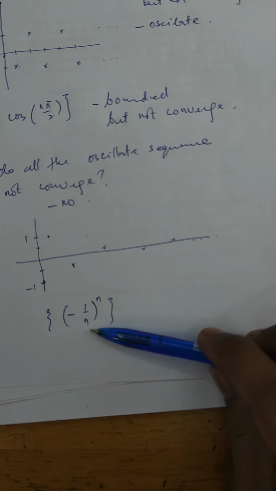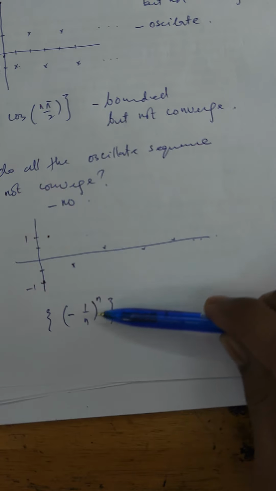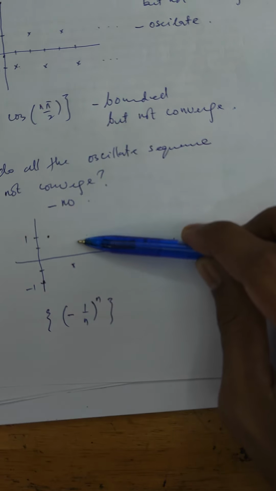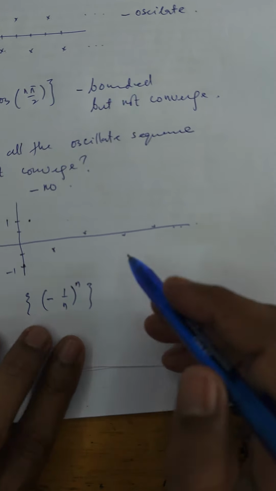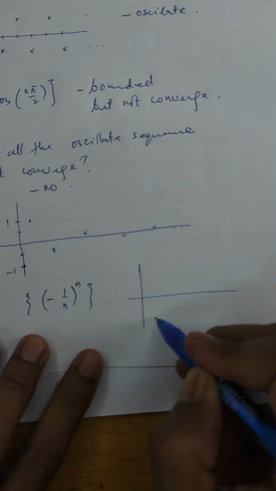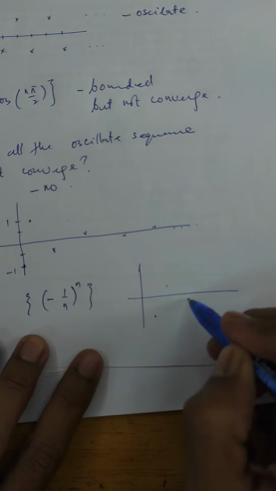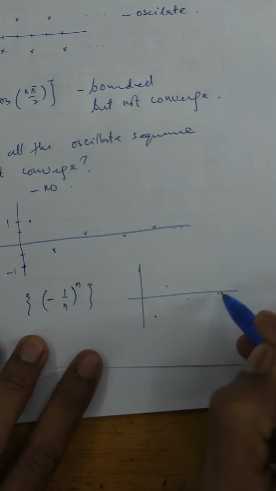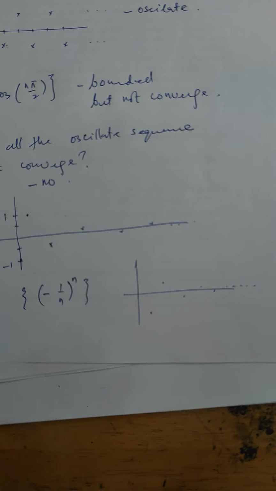In this case, when n equals 1, you get minus 1, and then half, and it gets smaller and smaller. So it converges to its limit, which is 0.